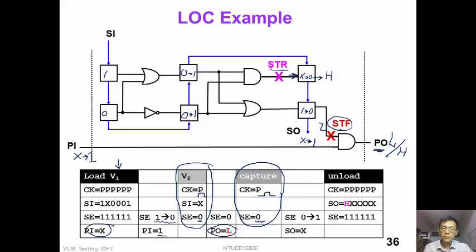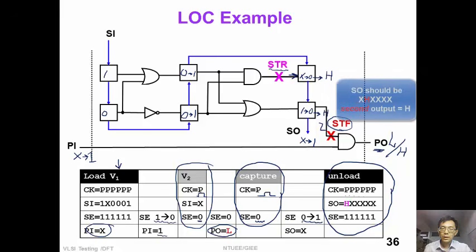Finally, we control scan enable to 1 and we unload the scan chain by pulsing 6 clocks. If we observe a 0 at the first output, we detect this pink slow to rise fault.